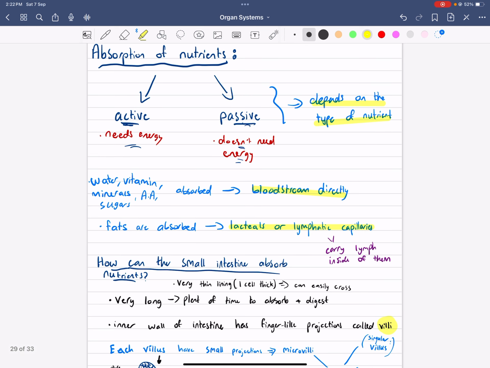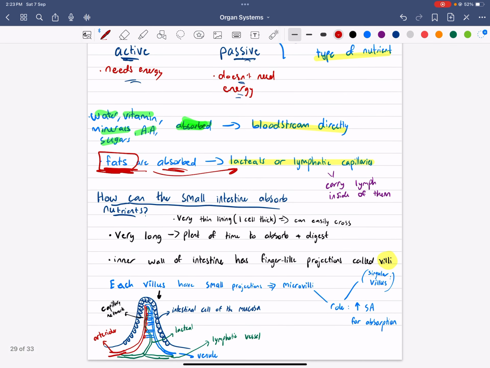Usually water, vitamins, minerals, amino acids, and sugars are absorbed directly into the bloodstream. However, fats are absorbed into lymphatic capillaries, or lacteals. Usually fats are the ones absorbed there, but everything else is usually directly absorbed into the bloodstream.